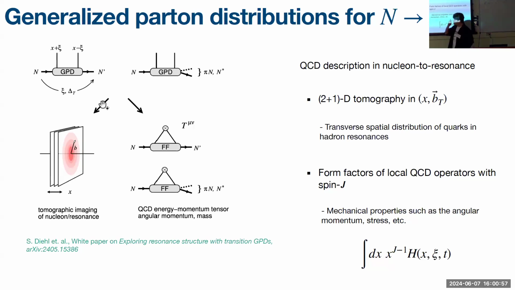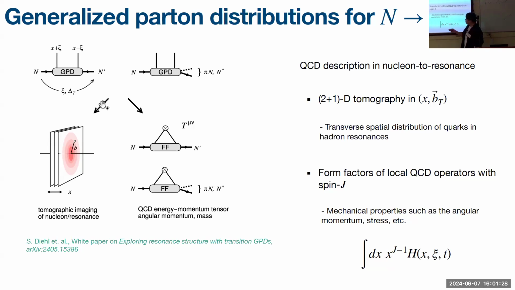The 3D structures and mechanical properties, such as spin distributions and shear forces, of the ground state nucleon have been extensively studied so far. But for the baryon resonances, we haven't studied these properties much, because nuclear excitations like the delta baryon or other N-star states cannot be a target particle, right?